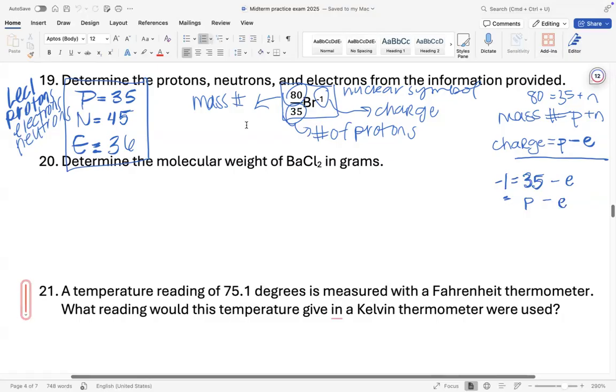All right. So my charge is negative. So I need a number that is bigger than 35 in order to equal a negative number. All right. Since it's -1, I need to be bigger by 1. So 36 is bigger than 35 by 1.